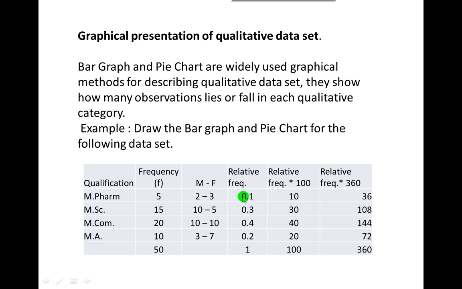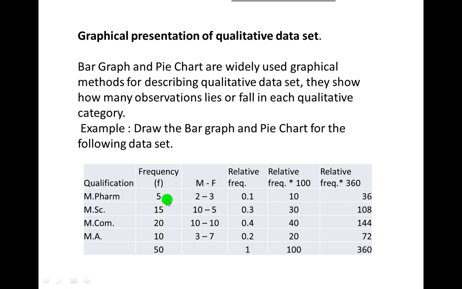So if you multiply the relative frequency by 360, you will obtain 36. 0.3 multiplied by 360 is 108. 0.4 multiplied by 360 is 144. 0.2 multiplied by 360 is 72. The sum will always be equal to 360. So we will use this angle in degrees in the pie chart.